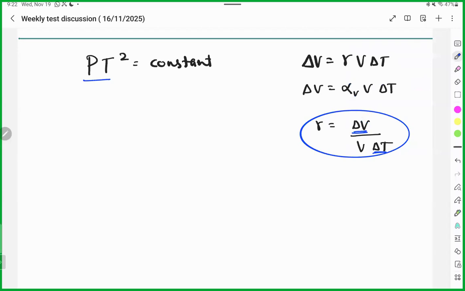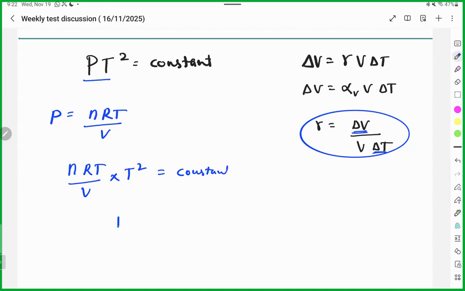Correct. So let's see here. P T squared is equal to constant, and you know P is equal to nRT by V according to the ideal gas equation. So it will be nRT by V into T squared, which is equal to constant. Can we say T cube is directly proportional to V?